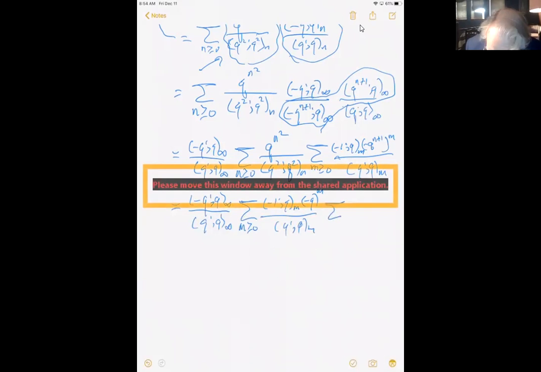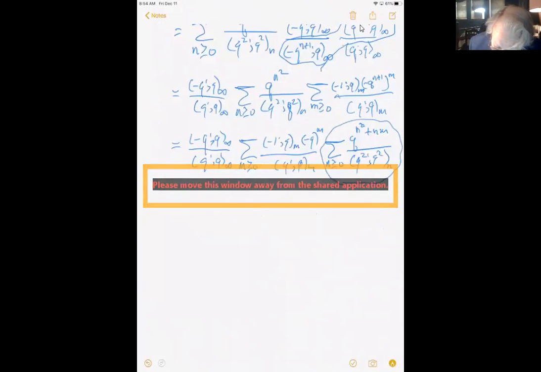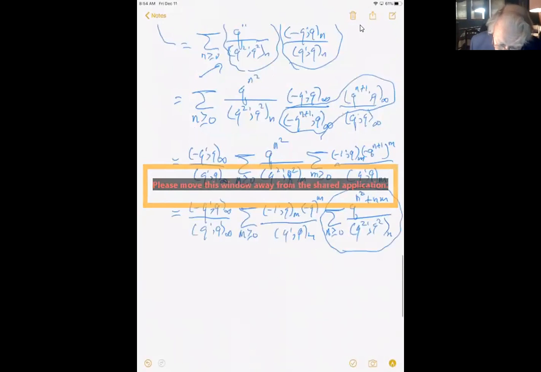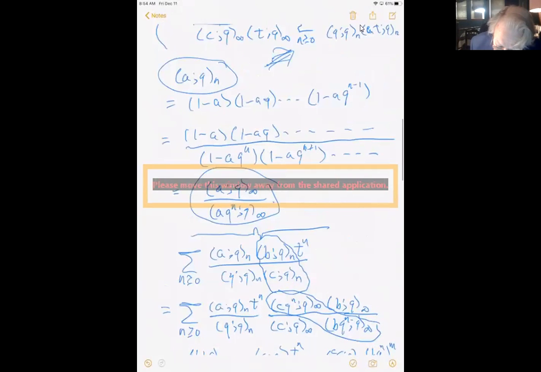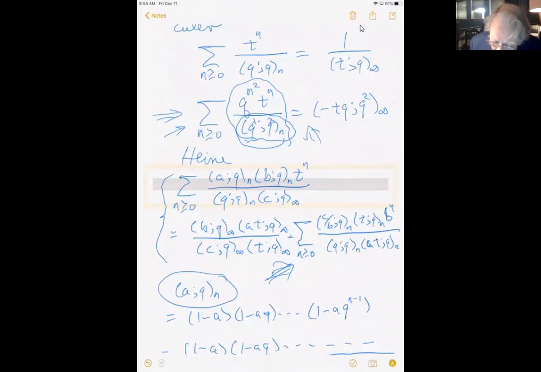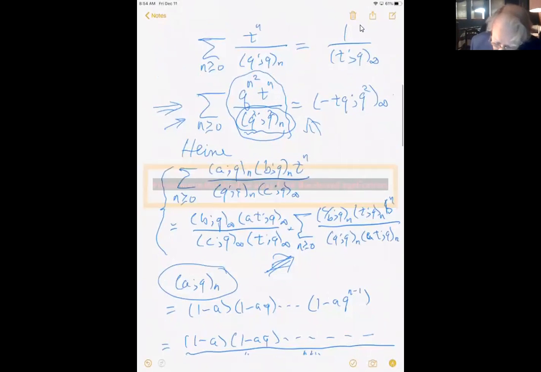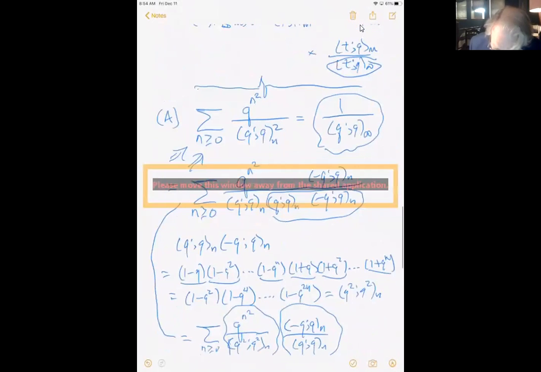And now we have this sum, n greater than or equal to 0 of q to the n squared plus nm divided by q squared sub n. And this Ramanujan can now write as an infinite product, harking back to Euler's theorem, to use special cases of that in order to get the result.